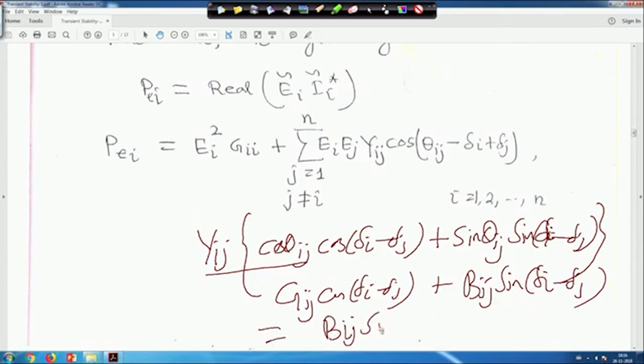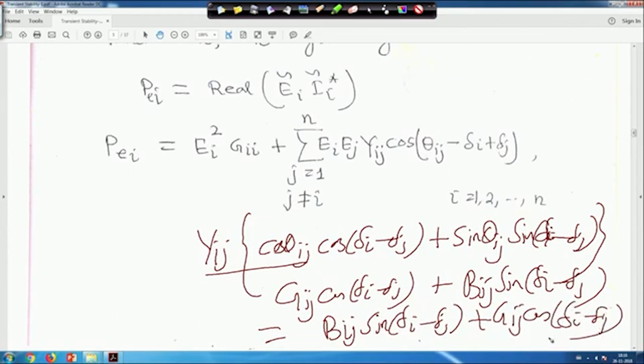So bij sin(delta i minus delta j) plus gij cos(delta i minus delta j), the term we have written there.